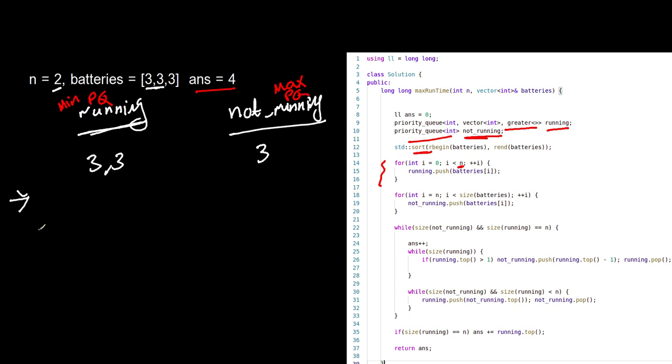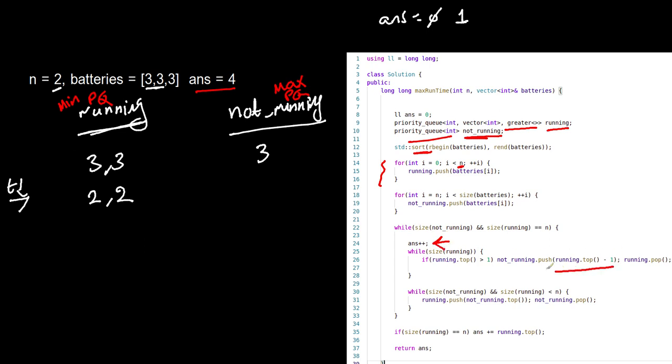Now at every minute we subtract, so at the first minute we subtract 1 from both batteries that are running, so 2, and we add 1 to the answer, so answer plus 1.